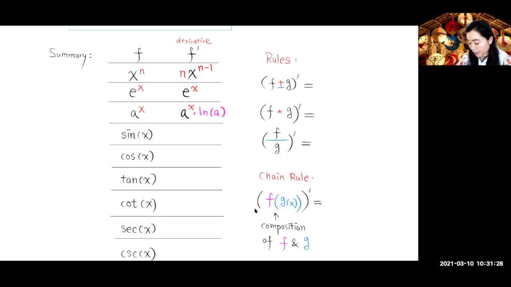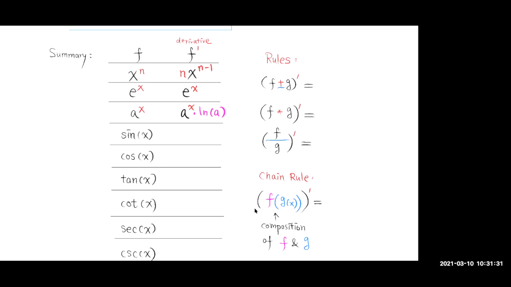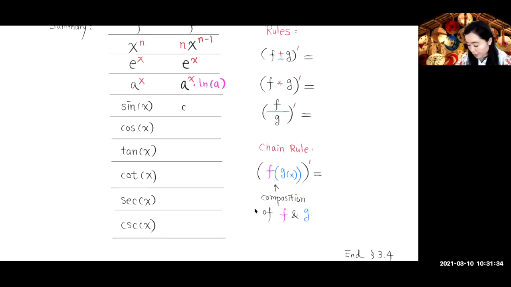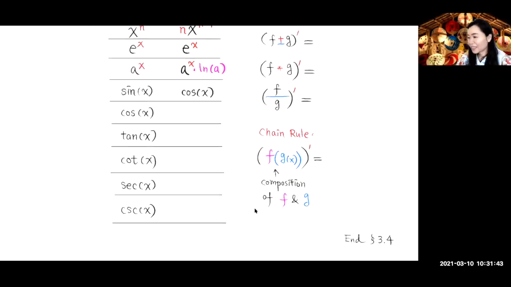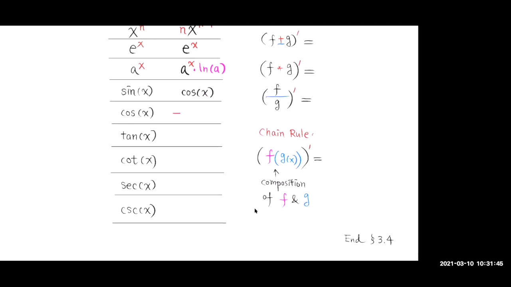Sine of x: cosine x. Cosine x: negative sine x. Yes. Tangent of x: secant squared x. Yes.